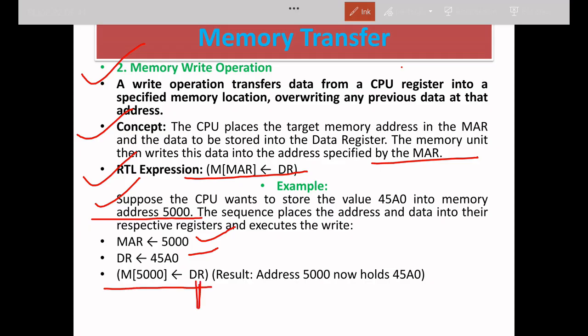In DR, your data register, I am storing 45A0. So what is the meaning of this? This address 5000 now holds this value, because you are storing the data from here to here.